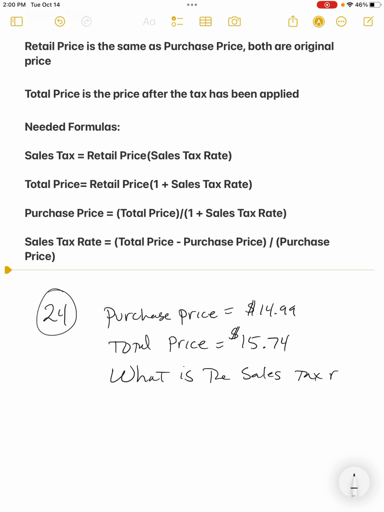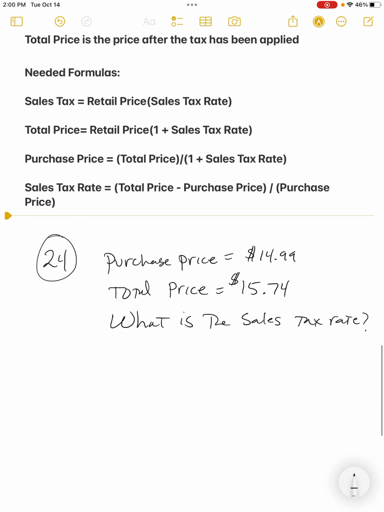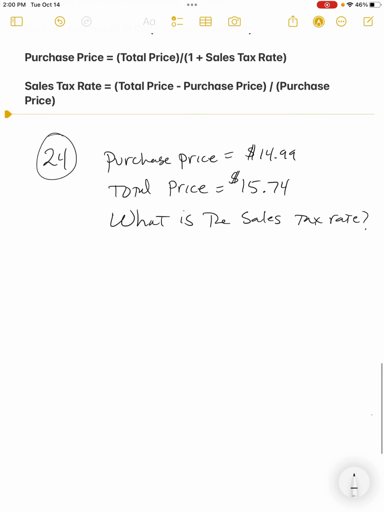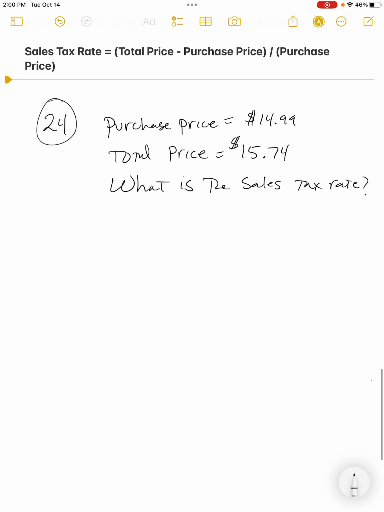So you're looking at your receipt and you're like, I don't know what the sales tax rate is here, but we can figure it out. So let's look for sales tax rate. I'll put it at the top of the screen. It says, well, I can get the sales tax rate. So the tax rate is simply the total price, $15.74, minus the purchase price, $14.99, and we're going to divide that by the purchase price, $14.99.